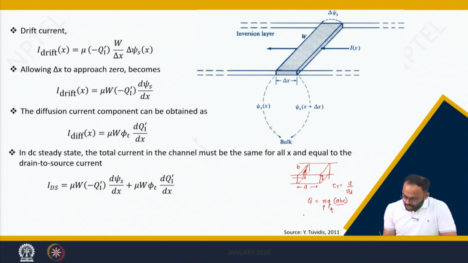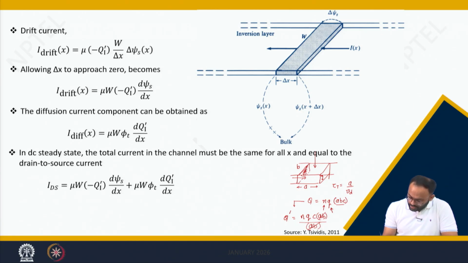If we want to show this charge in terms of charge per unit area, then we can rewrite it as N into Q into C into AB divided by AB, where AB is the area which we see from the top.